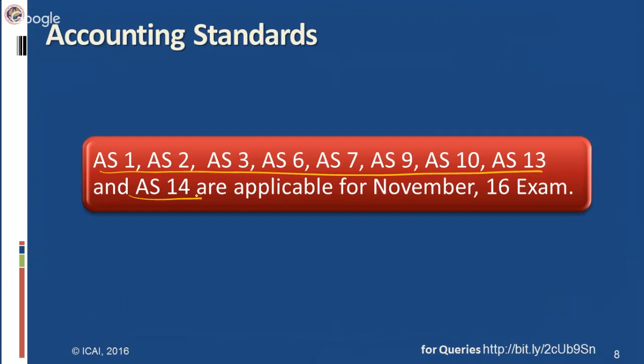If you have the March 16 edition, it's more well and good. There is no major change in the March 16 edition, but there are few illustrations, few practical problems which we have added for your better understanding only. So there is no hue and cry. If you have the earlier one also, you can refer, but just check that you have July 15, not an edition before that.